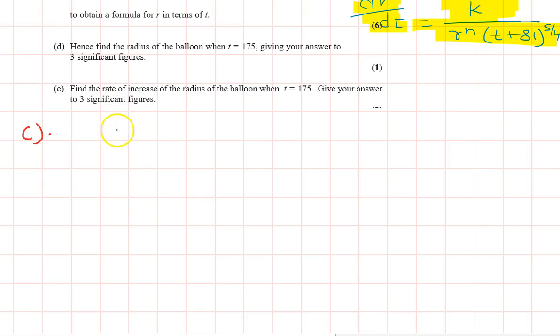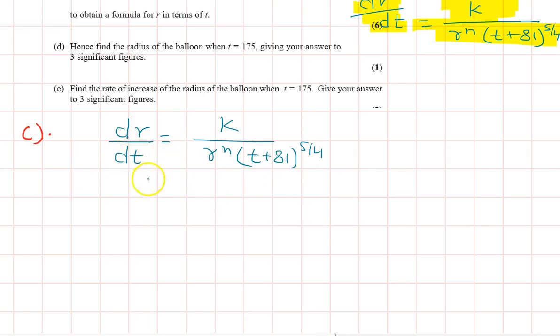So we have dr over dt, and this is r to the power n. Let's write the differential equation, that is dr over dt is equal to k over r to the power n, t plus 81 to the power 5 over 4.